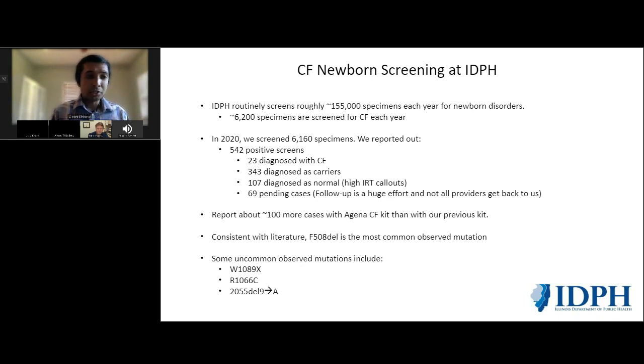At IDPH, after technician review, each batch, every specimen undergoes 2 supervisor reviews just to ensure everything is being called out properly before we officially report out any positive or negative screen.